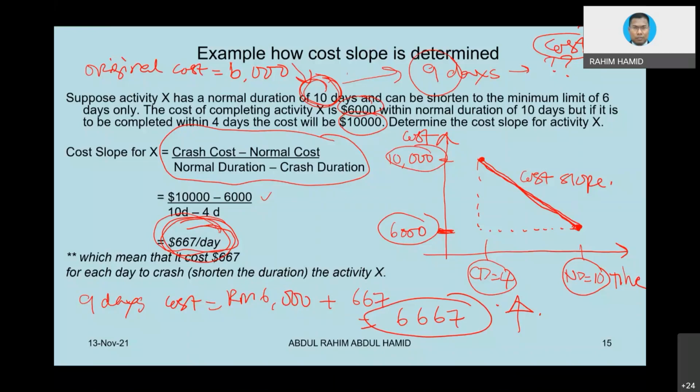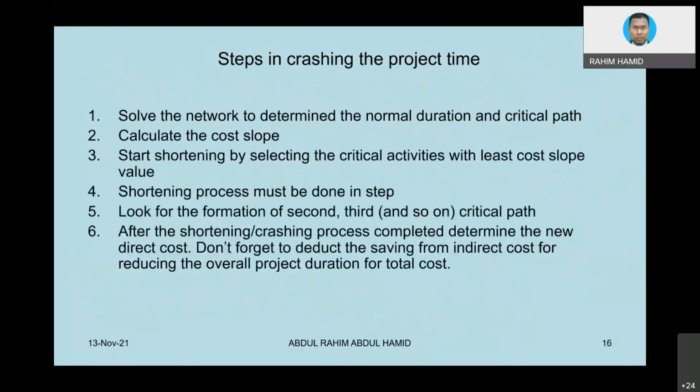If you want to crash the activity, we can crash until a certain time only, but there will be additional cost because we need to pay additional people, etc. So using this kind of concept in the academic calculation, if we have all that data, at the end of the day we can calculate the new cost for the project. But this is just for one activity. Many activities have the same concept anyway, but we need to select which activity.